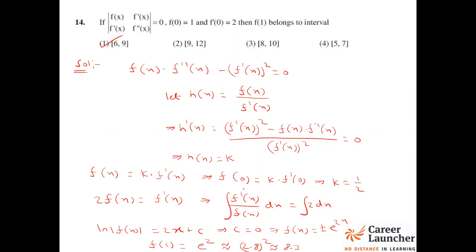Option 1 will be the answer. I think it's 2.7, so it will be approximately 7.5. Yeah, so the value will be in between 6 to 9.